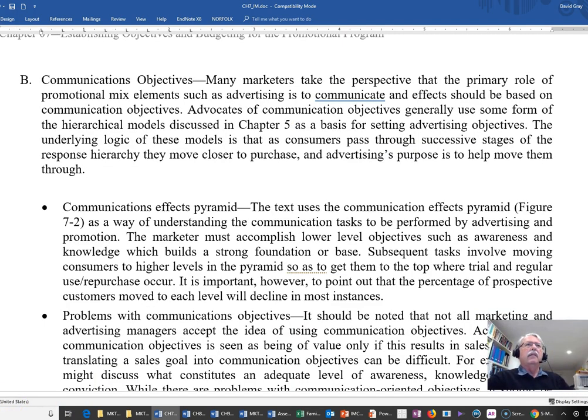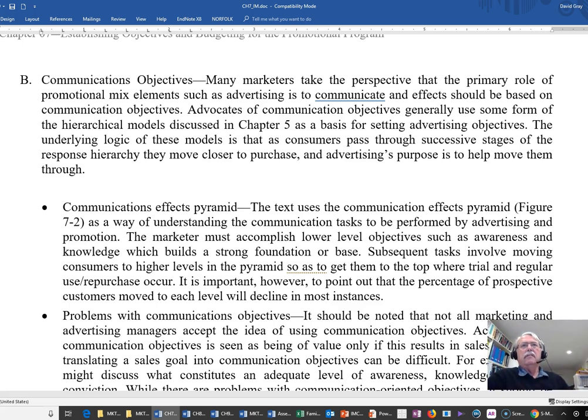So when we talk about communications objectives, the whole purpose is to communicate to the various target markets or target groups or stakeholders which you've identified from the situation analysis. Basically, most organisations use some kind of hierarchical model, which is outlined in Chapter 5, in terms of setting advertising or general IMC objectives.